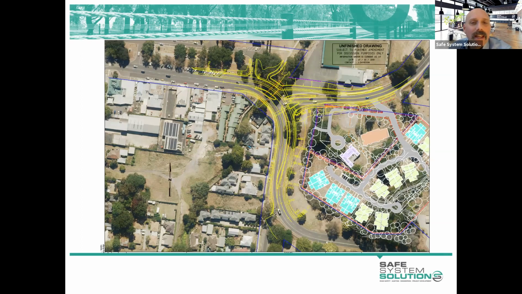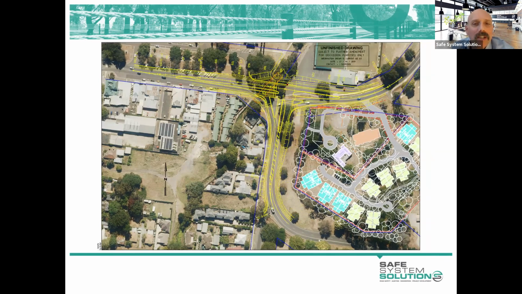Modified T, signalized modified T with pedestrian crossings on this leg and this leg, and conventional T intersection signalized on this leg, the slip lane there.